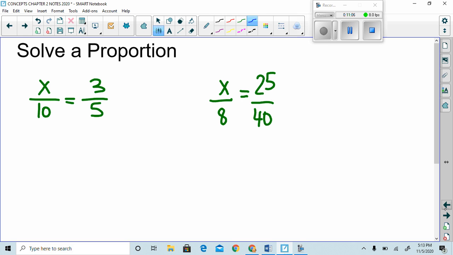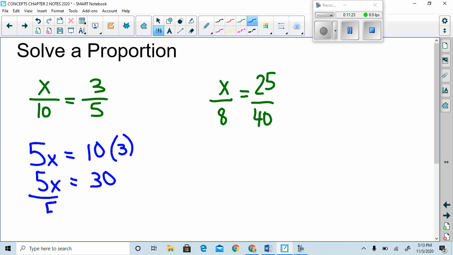We'll do one quickly. What if we wanted to solve a proportion? We're missing one of the terms. Let's cross multiply. When we cross multiply, we get 5x is equal to 30. We'll divide both sides by 5, and the missing term is 6. We'll do more in class, but that's enough to get you started. See you in class.